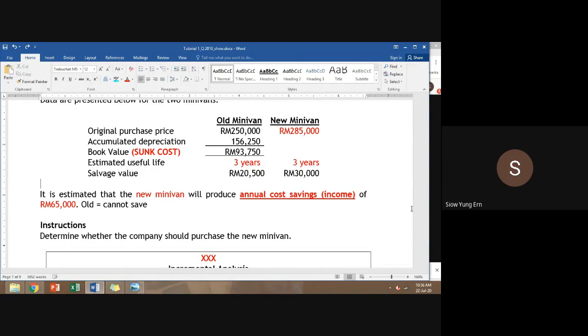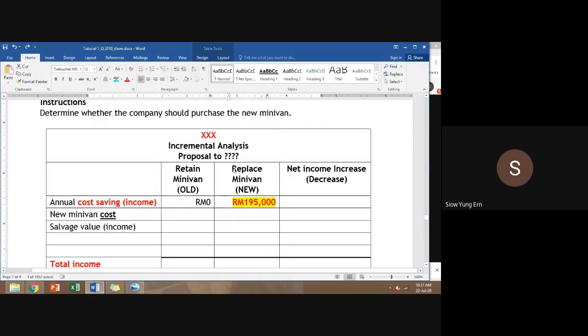Correct, the old one. So your salvage value will be 20,500. Because here you are going to replace. Replace means you are going to buy the new minivan, so you cannot sell off the new minivan, class. You sell off the old minivan. 20,500.